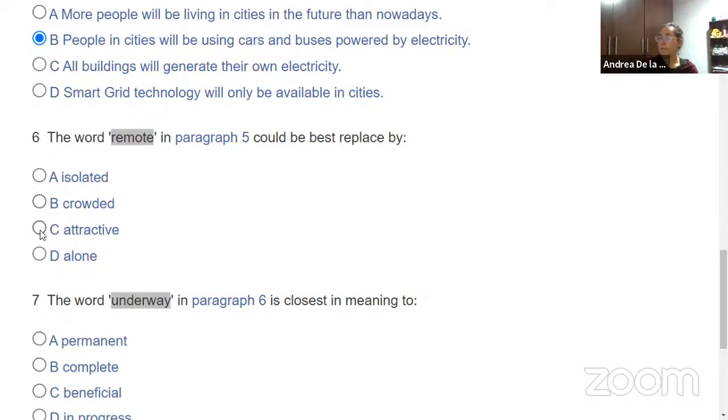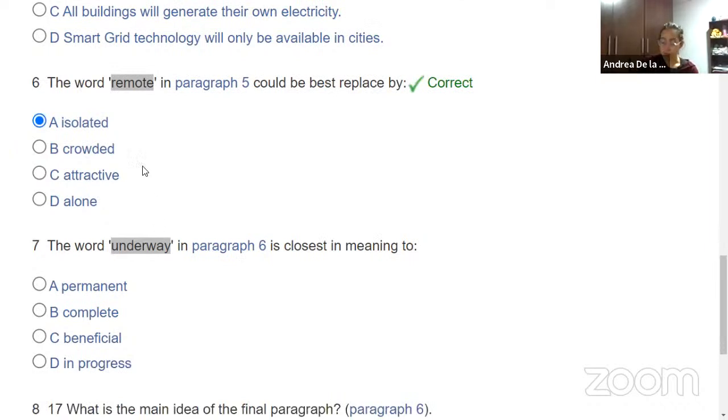Maybe, yes, but would it be a problem for power sources to be located in attractive places? Not really, right? But windy uplands are located in isolated places, places where there's no people around, and there is no electrical infrastructure. So we're looking for a place that has no electricity. It has to be an isolated place, right? That's how you can analyze the context of the word.